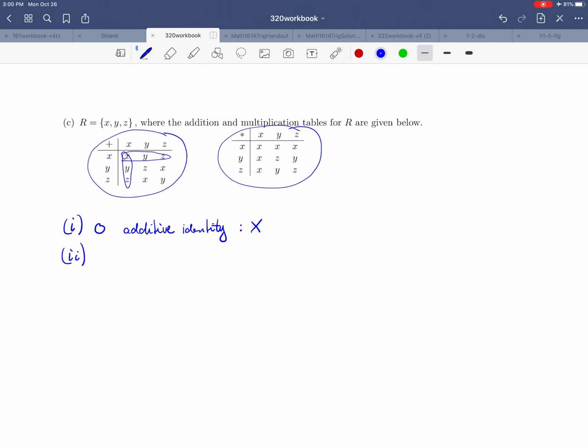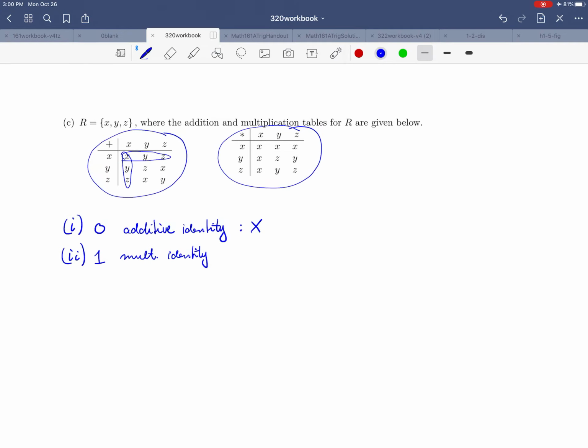Then let's look at unity. So that is our multiplicative identity. Do we have something that if we multiply by everything, we just get that everything back? So something, if we multiply it by x, we get x. If we multiply it by y, we get y.